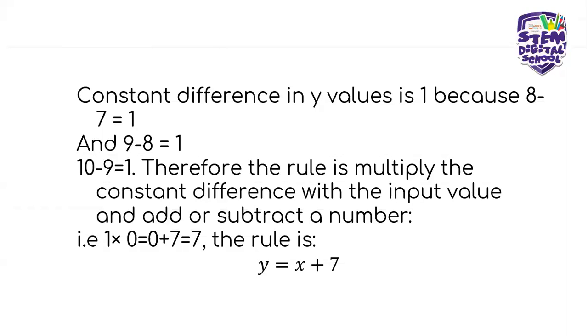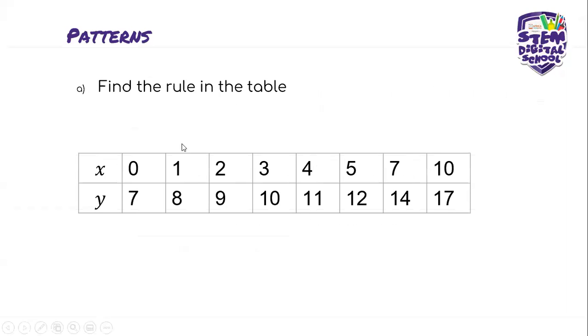Therefore, the rule always, you have to now multiply the constant difference with the input value and add or subtract a number. So let's start with the first one. You can see that in the table here, if I can just take you back, the first value of x there was 0.